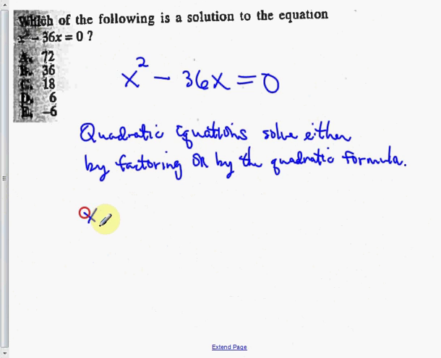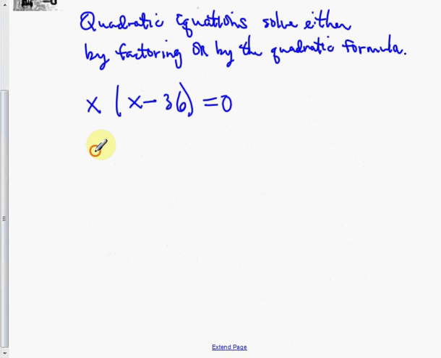So notice, isn't there an x common in x squared and 36x? It's a common x. So I factor out x. It's supposed to be a parentheses. This is x times (x minus 36) equal to 0. So doesn't this imply that x is equal to 0 or x is equal to 36?